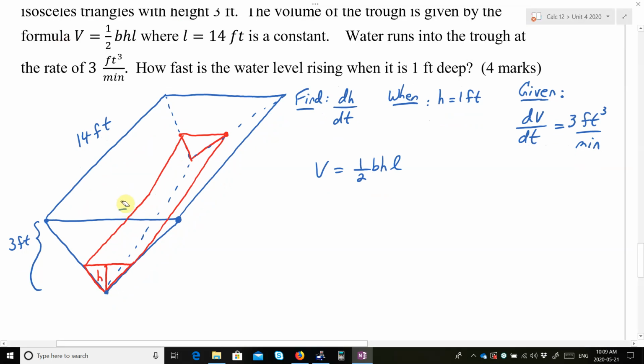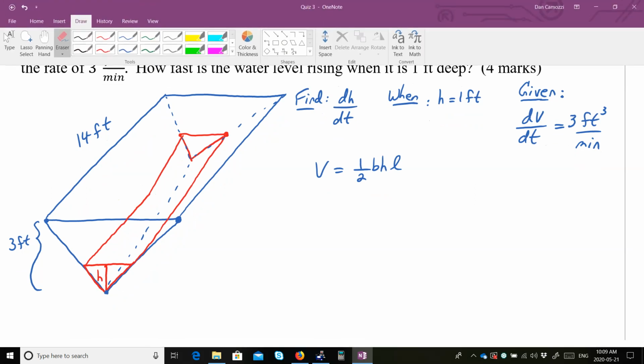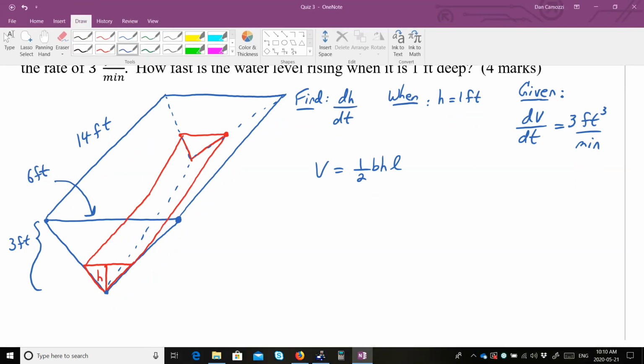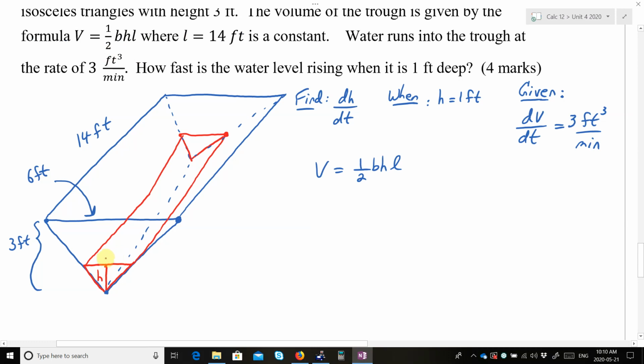And I just want to fix up a couple things here. That was 6 feet. This will be B. The L equals 14 feet is a constant. So notice the length of the water here, guys, will always be 14 feet as the water level rises.